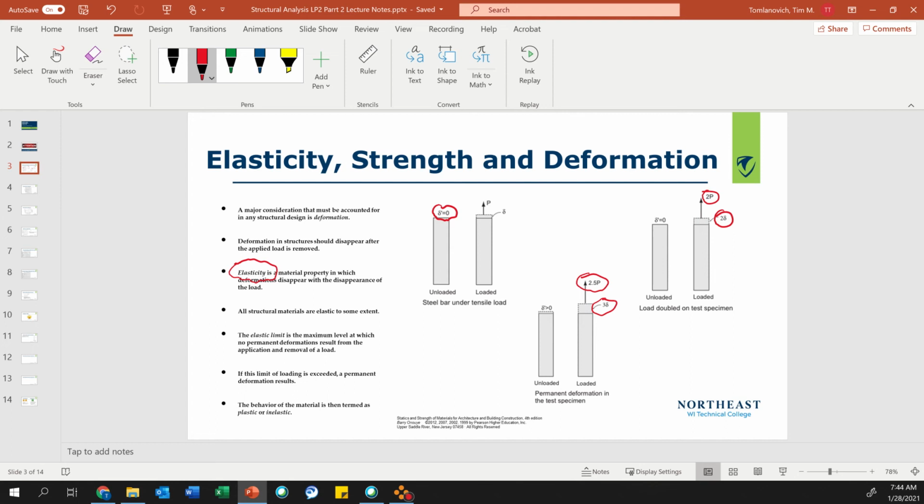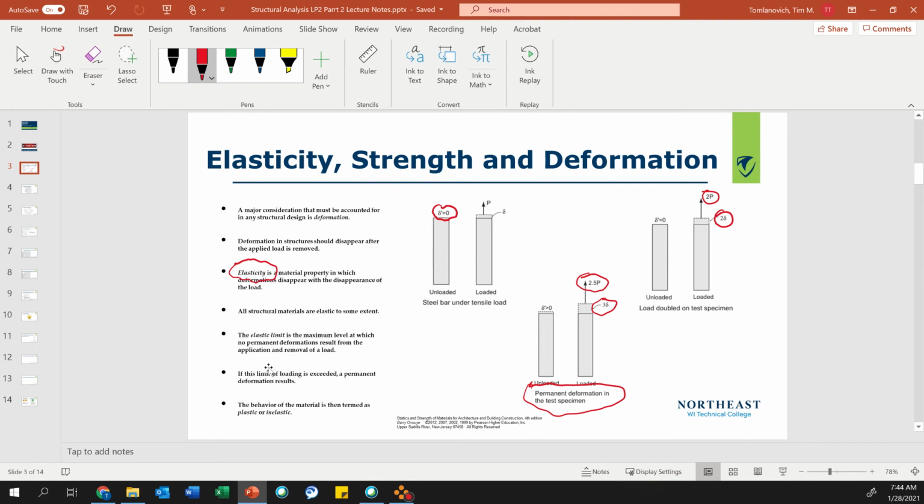That's what's happening in this case right here. We have too much stretch, too much tension or compression, and then when the load comes off, it does not want to rebound back. The deformation does not disappear. Some of it stays there. So this is an important design concept in wood, in steel, in soils.